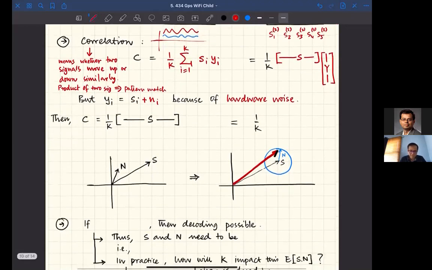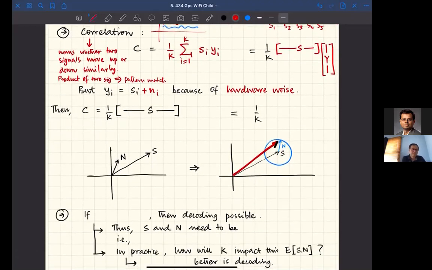So essentially what happens is your correlation now becomes S times Y, where Y is really S plus N. That's your Y received signal vector. Right? And now if you do the correlation, what you essentially get is S squared plus S dot N. Makes sense, right?